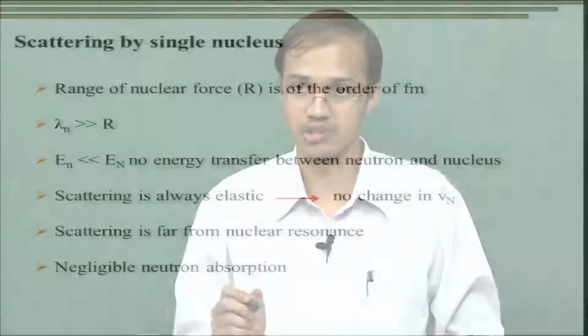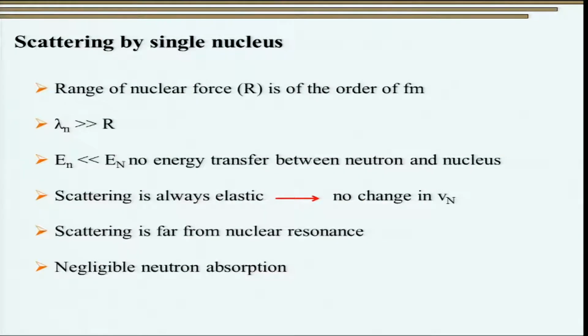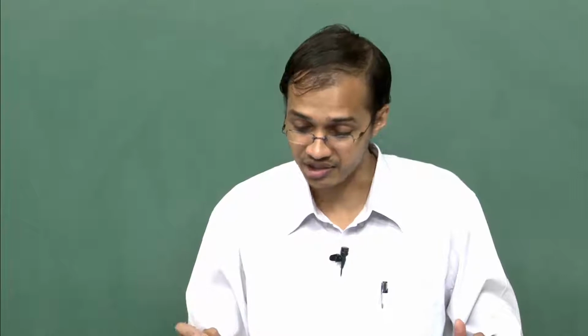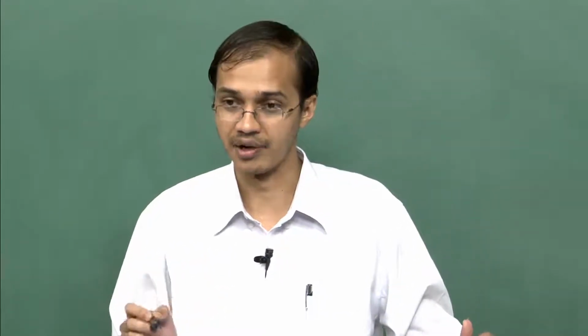This ensures that once a neutron interacts with a nucleus, it does not lose its energy, and therefore all the scattering and diffraction phenomena occurring are essentially elastic. The wavelength, as I had already mentioned, is decided by the velocity, because lambda is equal to h divided by the momentum, which is nothing but mv.